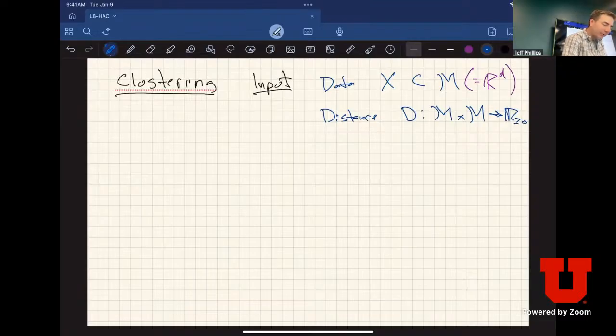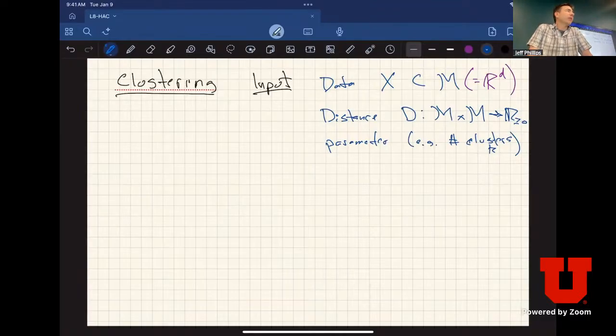And we will have some parameter, e.g. the number of clusters K. Some of the algorithms we talk about today will have other types of parameters than just the number of clusters. Density-based clustering will have other parameters, but changing those will change the ultimate number of clusters. You could change those parameters and see how many clusters you get, and ultimately you'll get something like the number of clusters as part of the input.